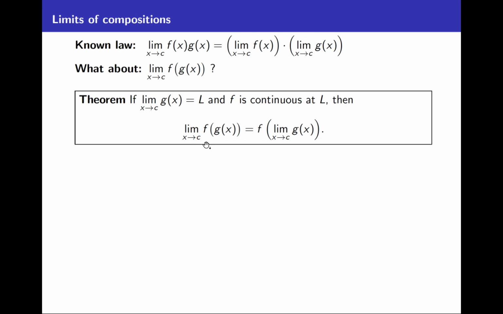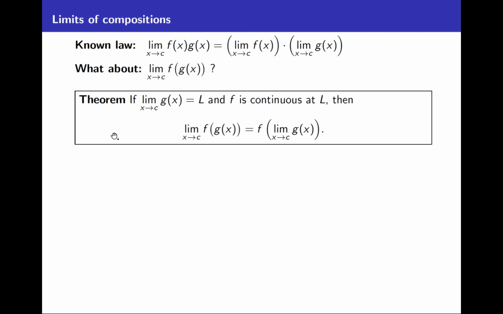This limit goes inside the function f and parks right in front of the g of x. For that to work, f has to be continuous at this number, the limit as x approaches c of g of x. And if f is not continuous at that number, then maybe these two things are not equal.